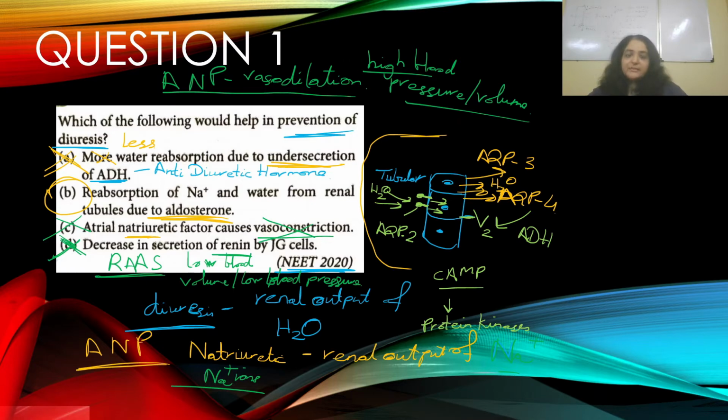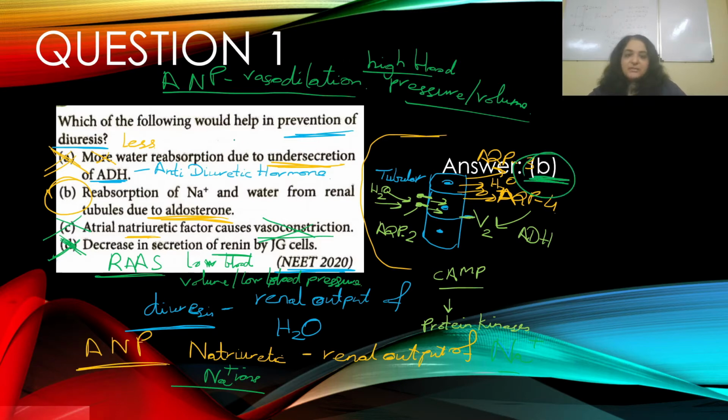It also directly acts on the PCT, the DCT, and the loop of Henle for sodium and water reabsorption to occur. We'll come to that because there are many other factors, and I don't want to go into detail now. So clearly, the right answer should have been B.